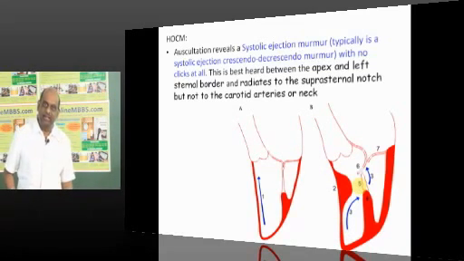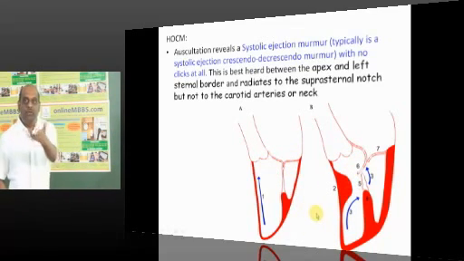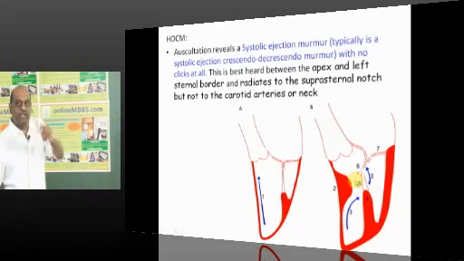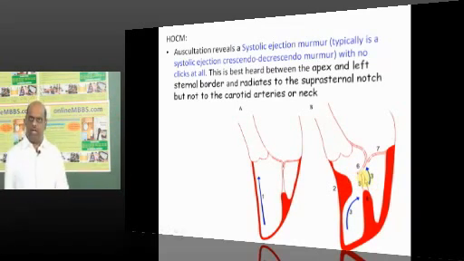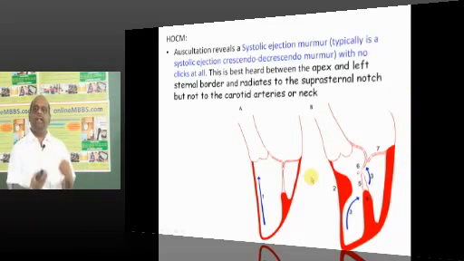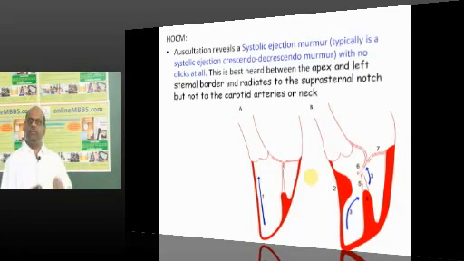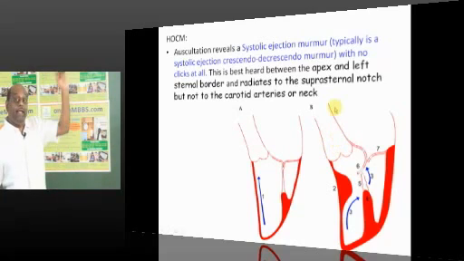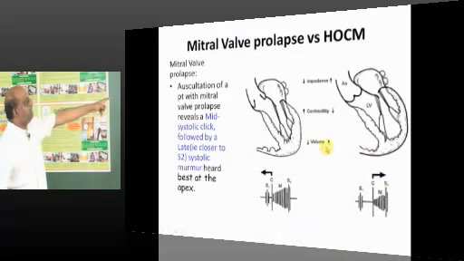When it uses such a high pressure, then this subvalvular obstruction is no more a matter. You got it? So this subvalvular obstruction is no more an obstruction when the left ventricle is forced to use a lot of force to push blood into the root of the aorta. But why will the left ventricle be stimulated to use high pressure? If the aortic root pressure is high. So, high afterload will relieve obstruction in HOCM. High afterload will worsen the MVP.